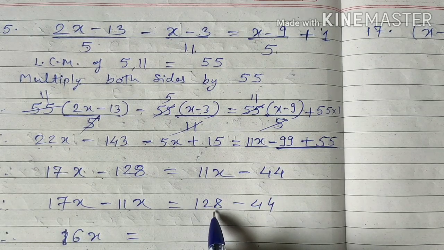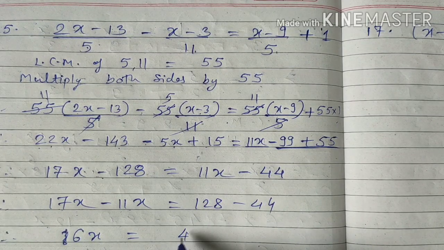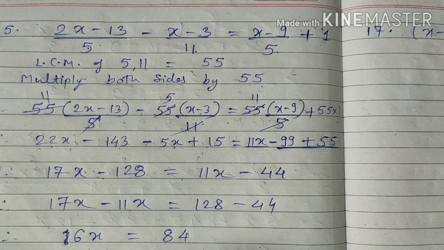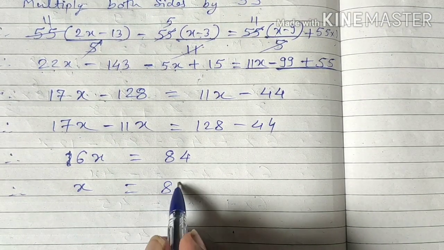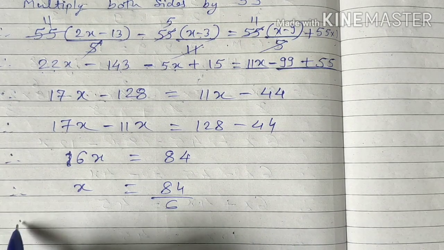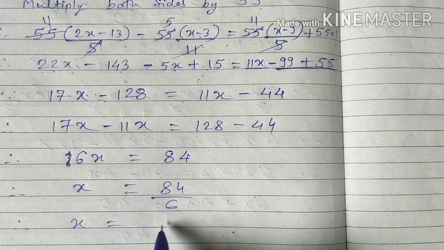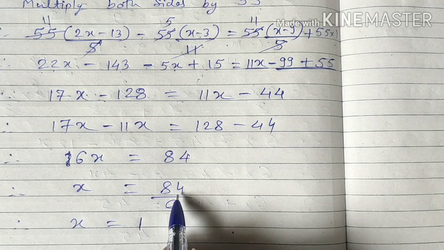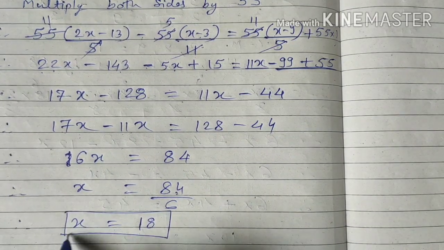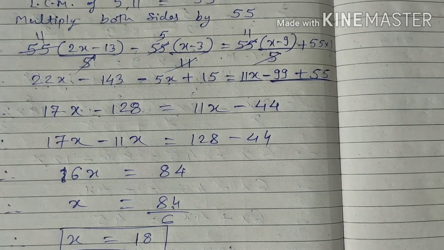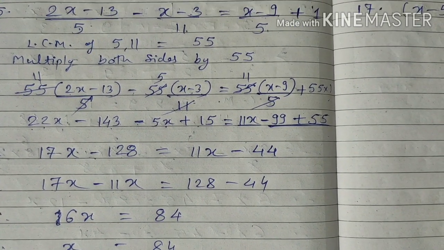And subtraction of these two is minus 84. Therefore, the value of x will be 84 upon 6. So x is 6 1s are 6, 6 14s are 84. So the value of x is 14. Okay.